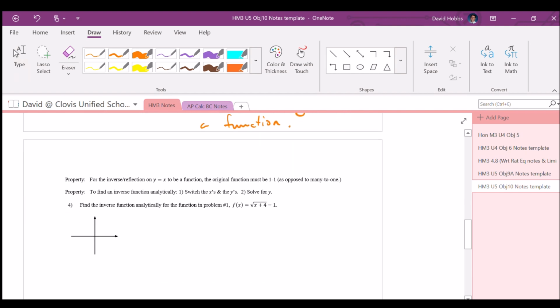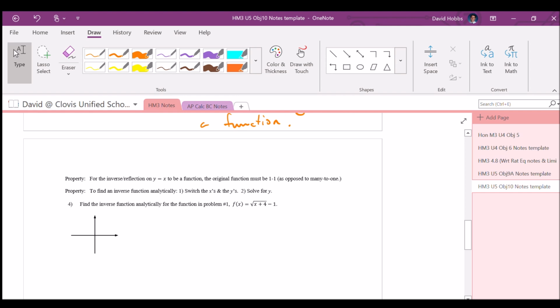Okay, so moving on. Property: for the inverse, the reflection on y equals x, to be a function, the original function must be 1-to-1 as opposed to many-to-1. Okay, what the heck does that mean?